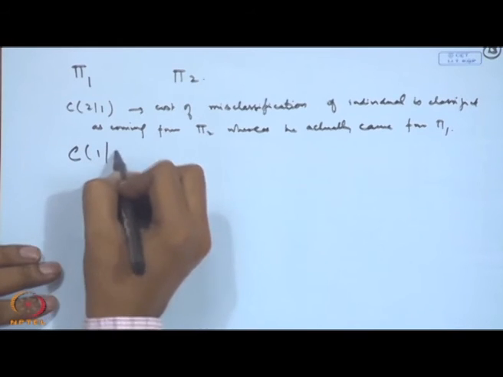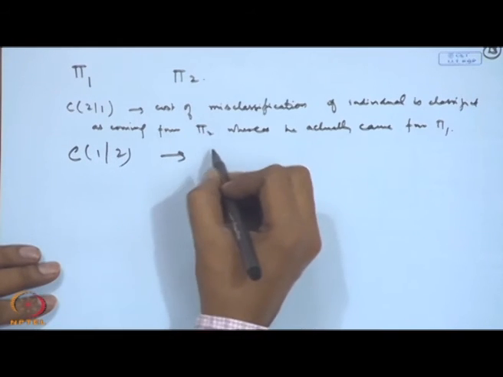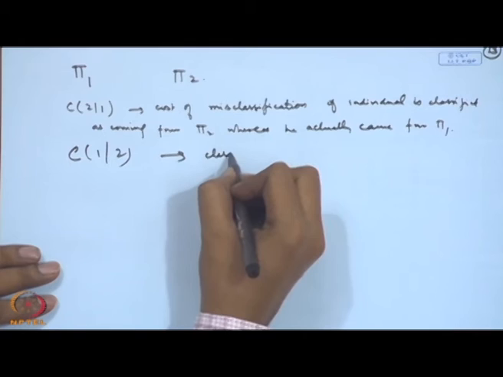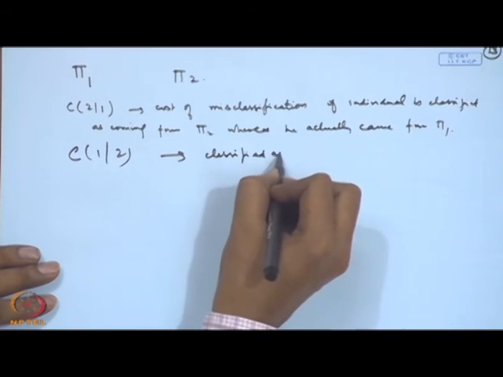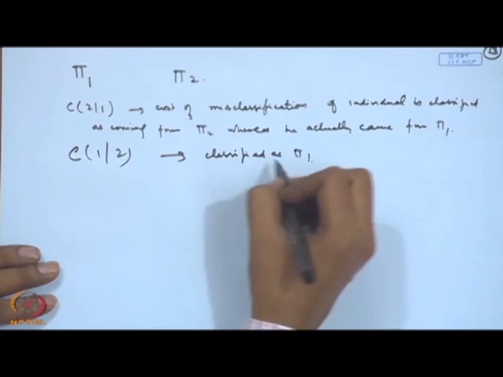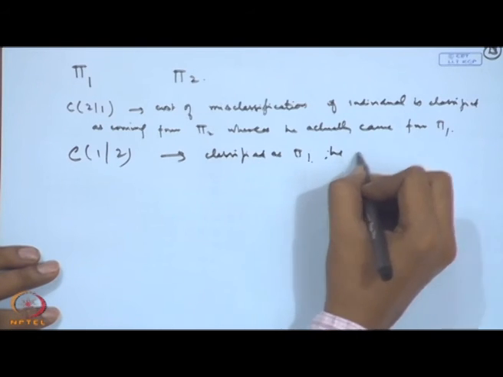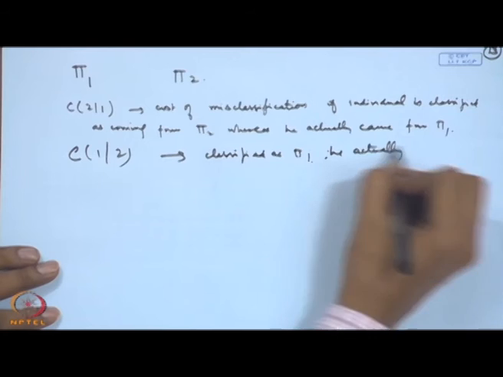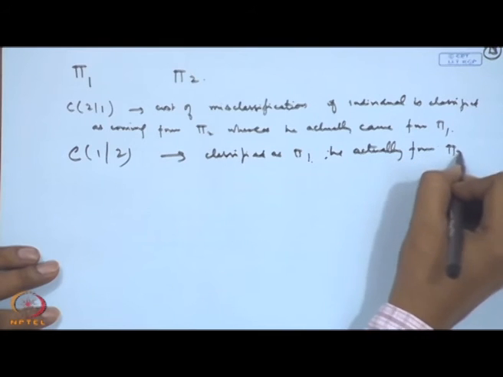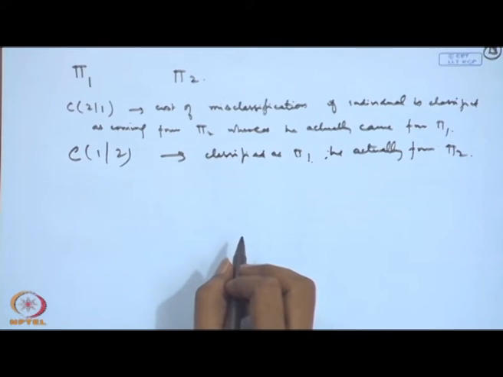Similarly, we can consider C 1 2, that is classified as pi 1 and he actually came from pi 2. So, we have two costs of misclassification.